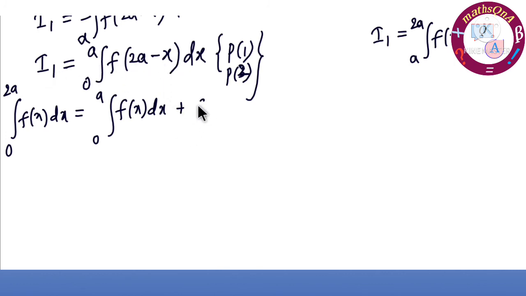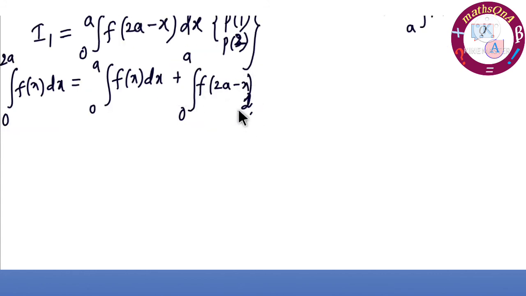Okay, integration of 0 to a f of 2a minus x into dx. So this is equation number 1. We will consider this as equation number 1.